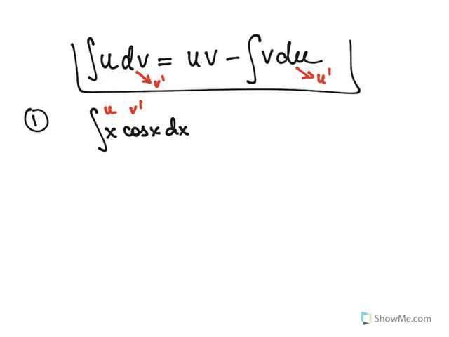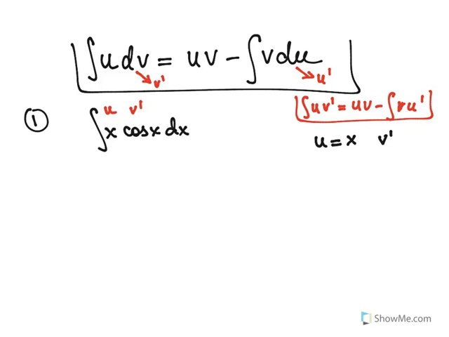So if you want, you can always express it like this: the integral of u v prime equals uv minus the integral of v u prime. Maybe it's actually easier. Okay, now, since I expressed u, I'm going to replace x with u and the cosine part with v prime, so you have to write it on the side.